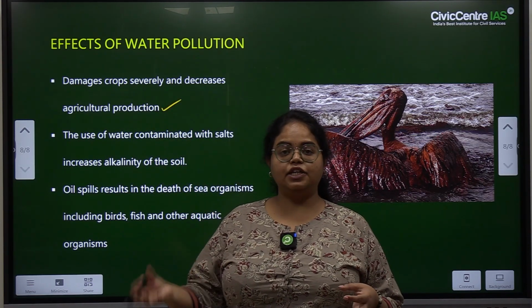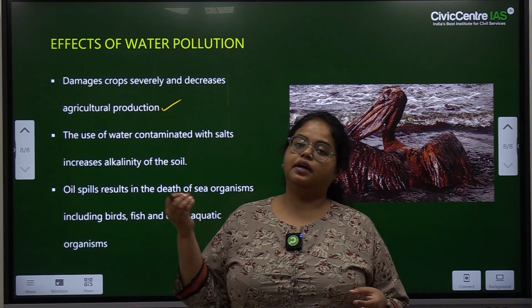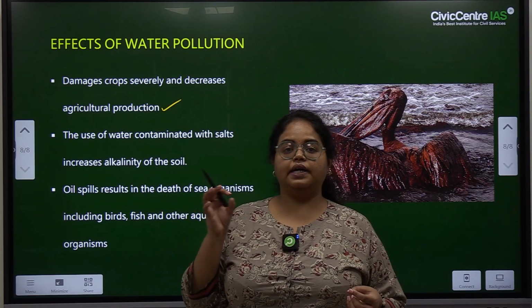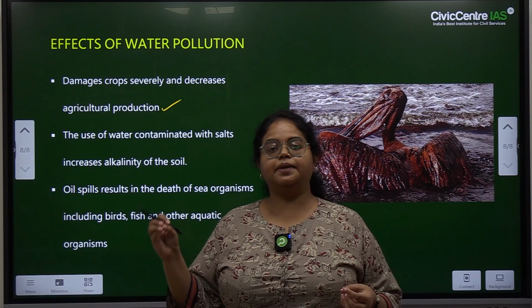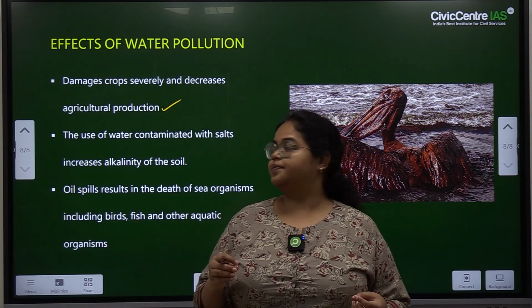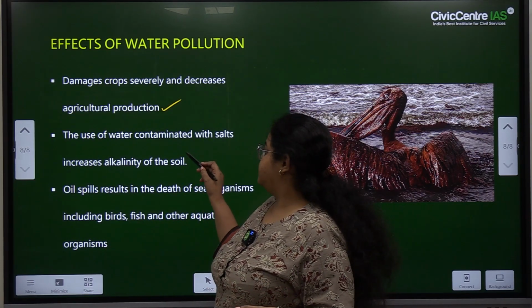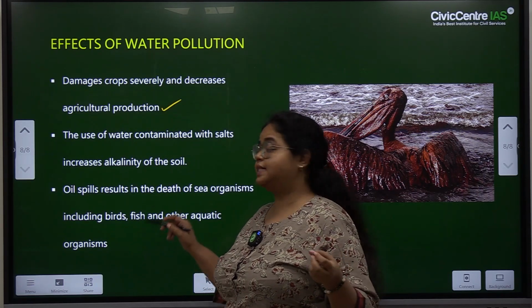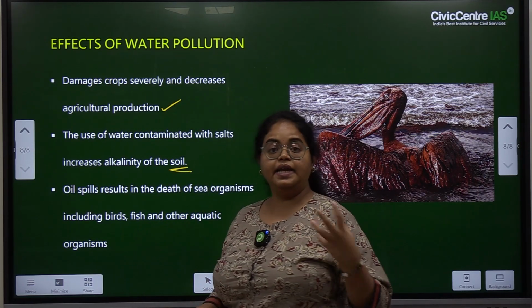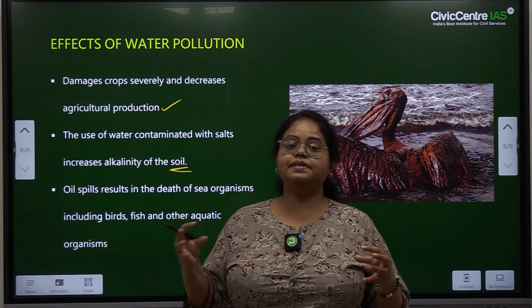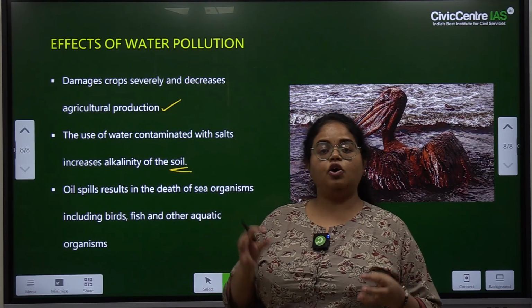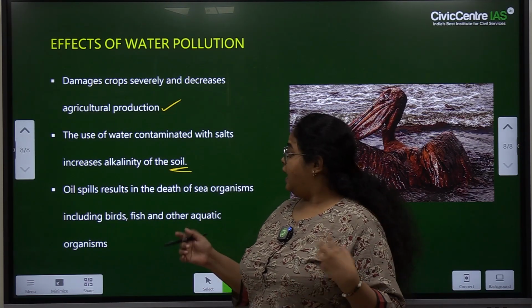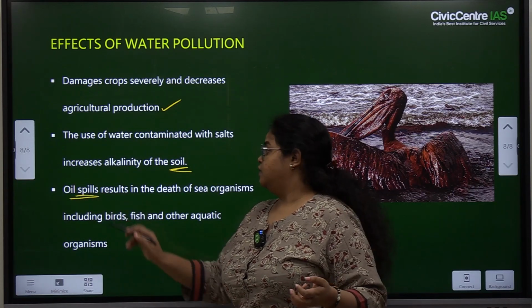The pollutants tend to stunt the growth of plants and also affect their reproduction. The use of contaminants with salts increases the alkalinity in the soil, and hence the organisms that live in the soil also get affected. And the oil spills.